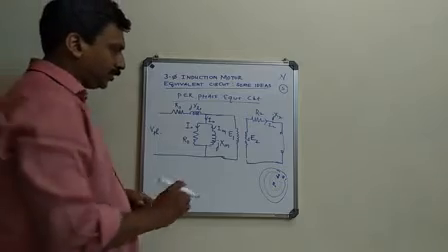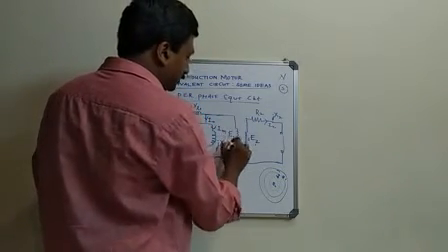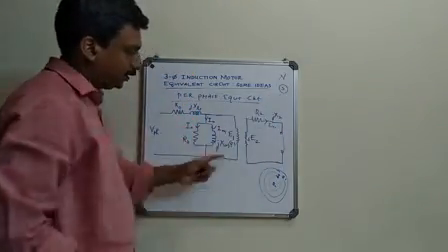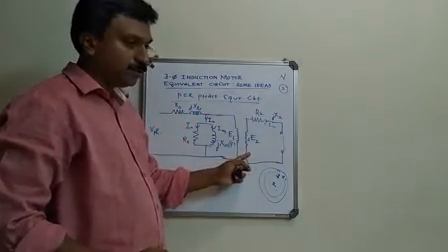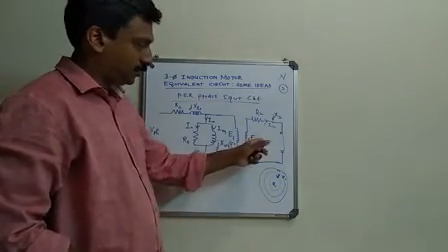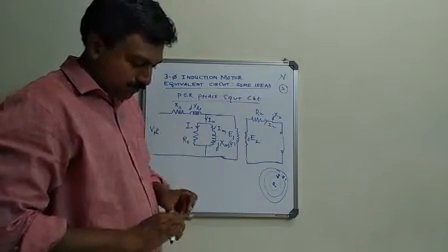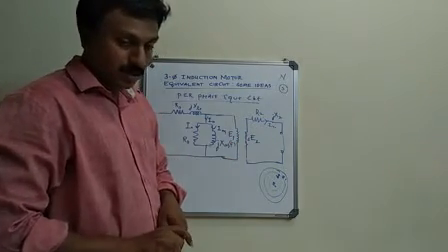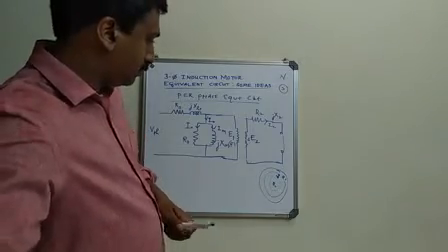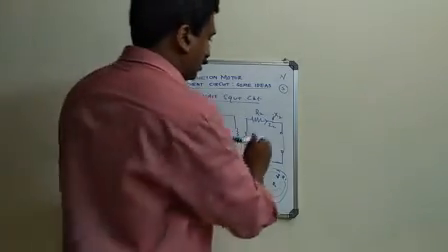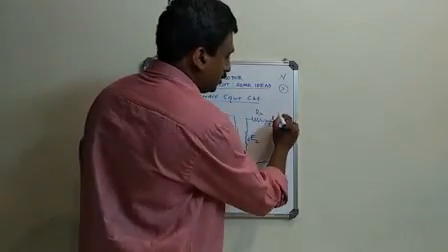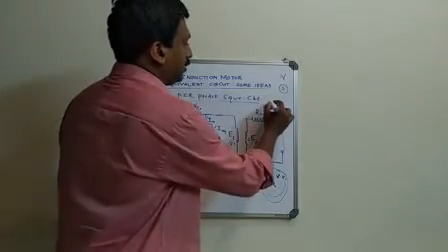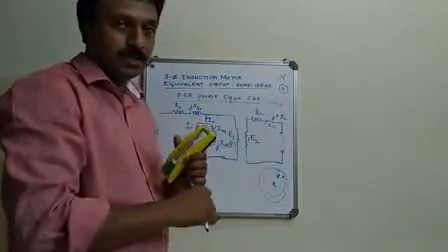Now, here the frequency is F, and when it is running with a slip S, the induced EMF is this, and the frequency F dash is S times F. So the actual inductance or the leakage reactance will change to SX2, because L omega is that reactance.